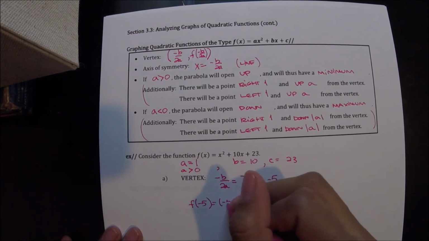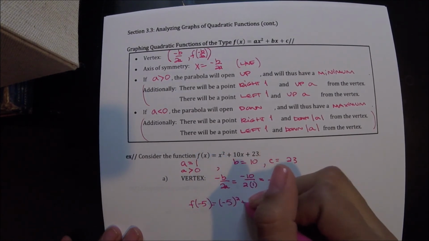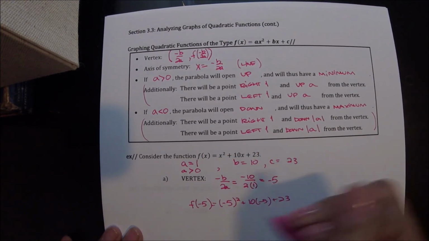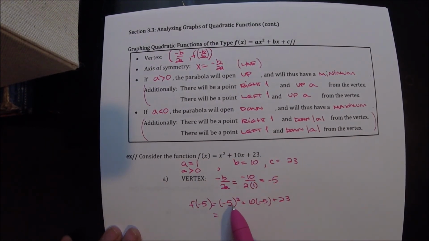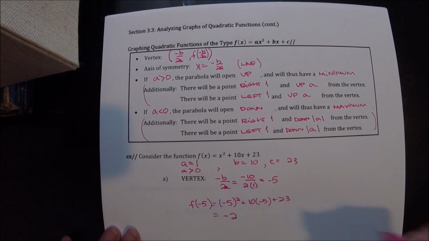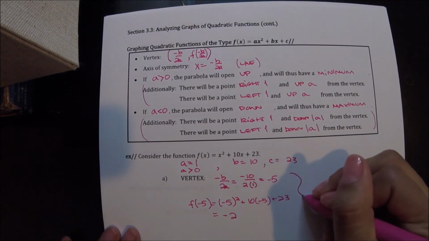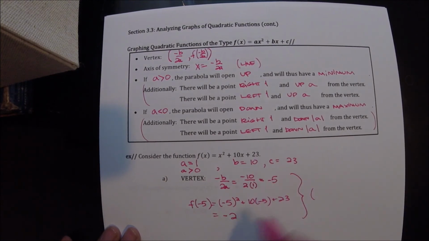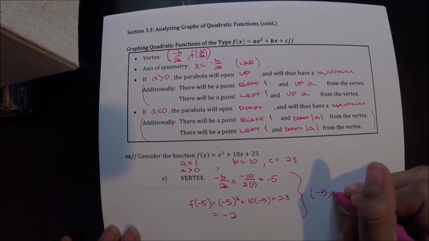So we'd get negative 5 squared plus 10 times negative 5 plus 23. That's going to give us 25 minus 50 plus 23. Overall, that comes out to be negative 2. So with these two combined, we have the point (negative 5, negative 2). That's our vertex.